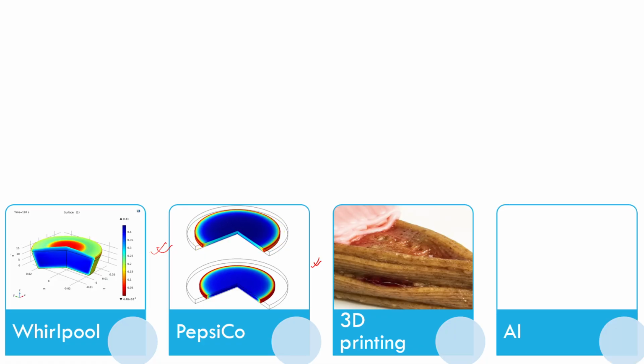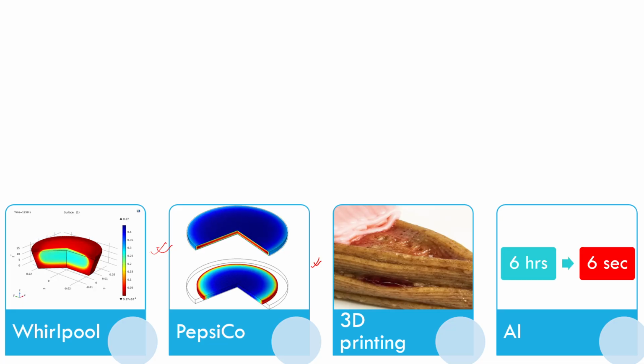Yet another one is in AI based applications. So AI based application, and I'll say a little more later, can actually make some of these computer aided engineering models more useful.